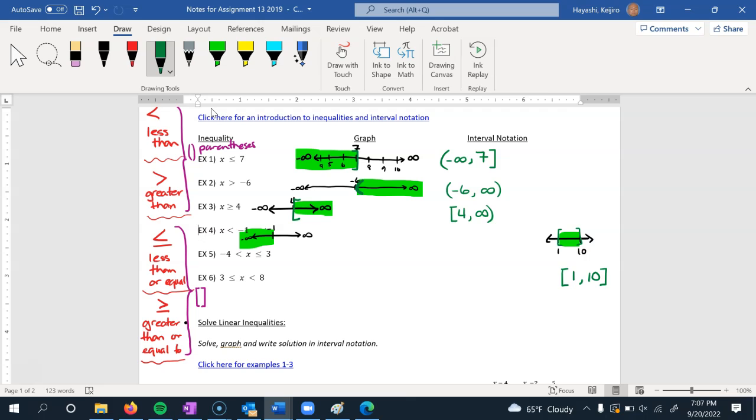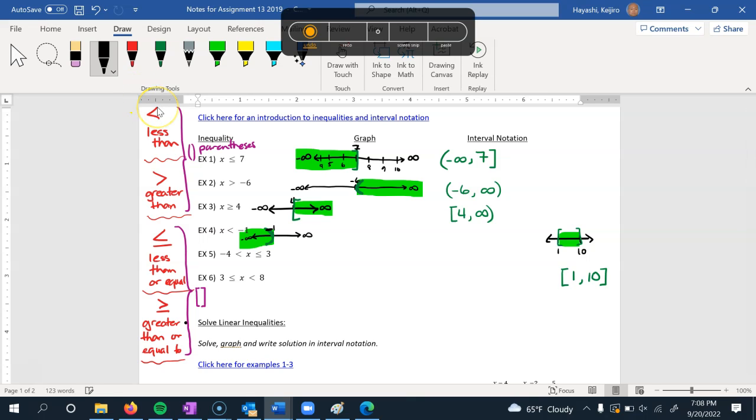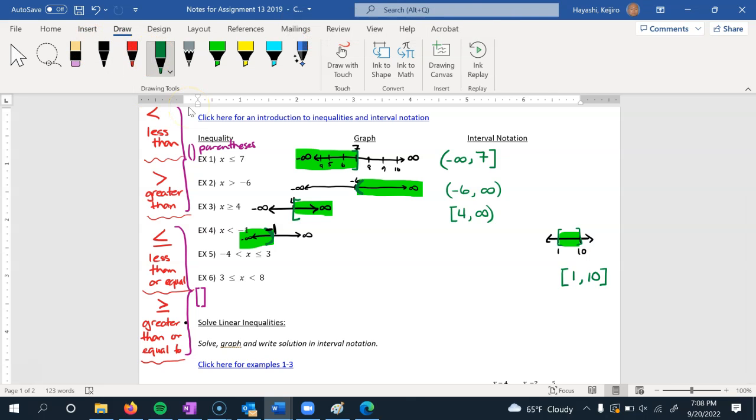And am I going to put a parentheses on that -1 or a bracket? Am I going to include -1 or not? According to the inequality, is it allowed to be equal to -1? No. So I want a parentheses on that -1. Okay, so there's our interval.